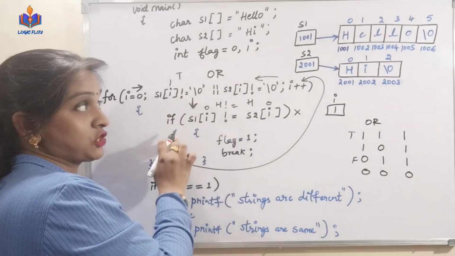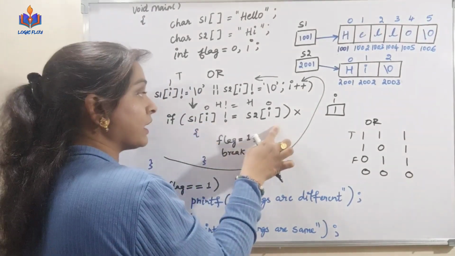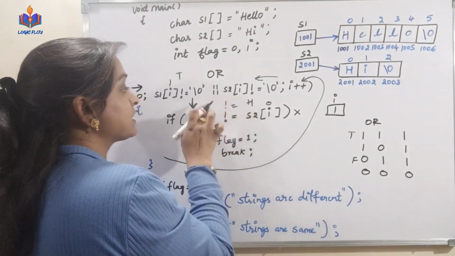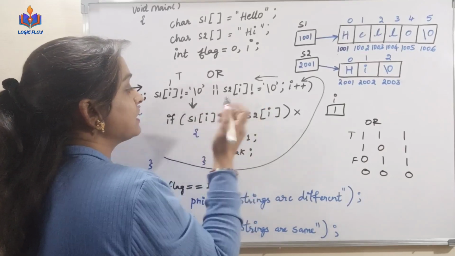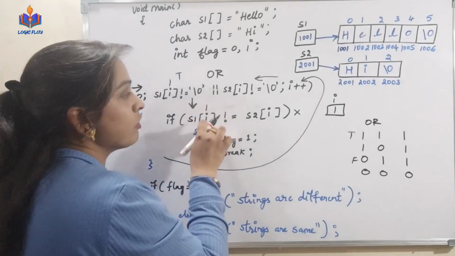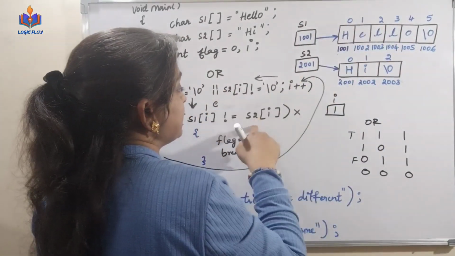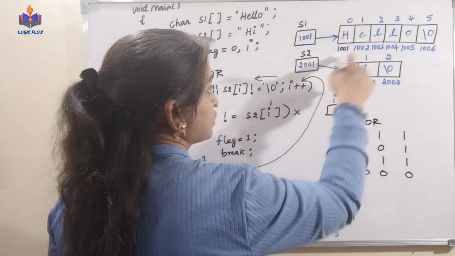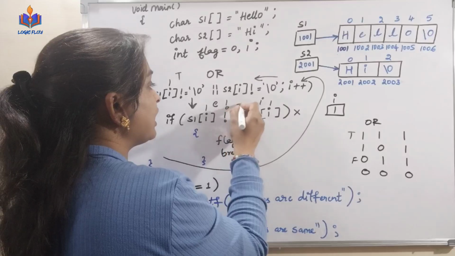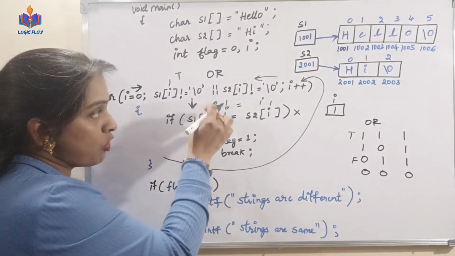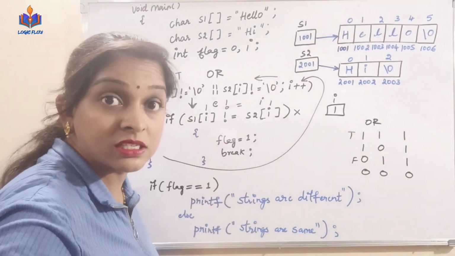Then check the condition: is the ASCII value of S1 of I not equal to S2 of I? I is 1. S1 of 1 is E. S2 of 1 is I. E not equal to I. ASCII value of E not equal to ASCII value of I. Yes, that is correct.